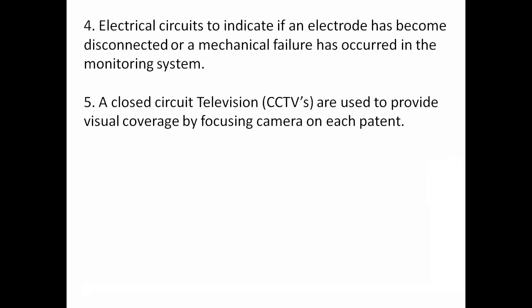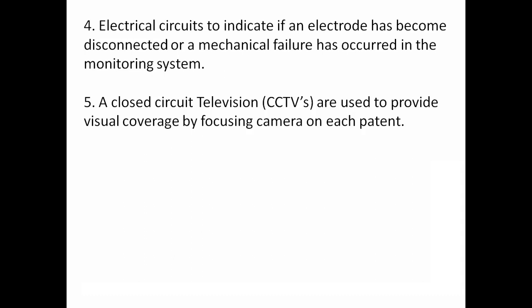So the electrical system is also important because it provides the power supply to the different equipments, the mechanical systems or some electronic equipments. So power supply is a must. So electrical circuits are also there, which identify if there is any disconnection between the electrodes.